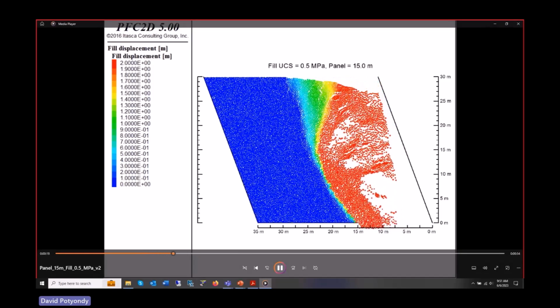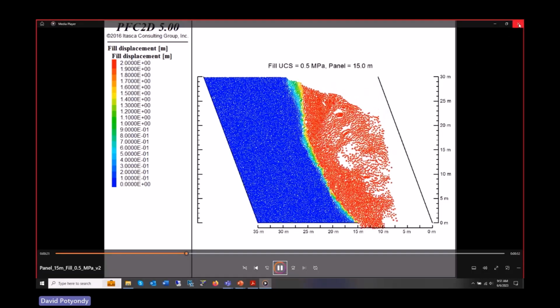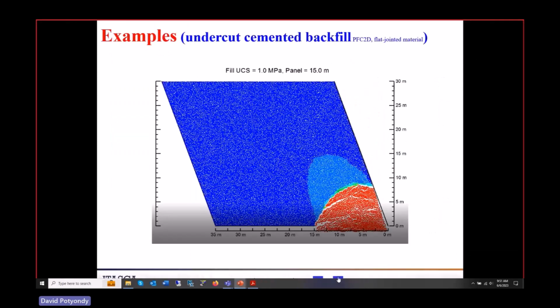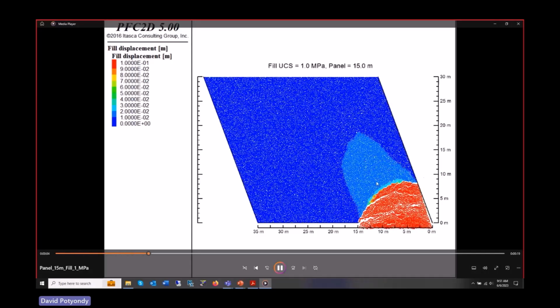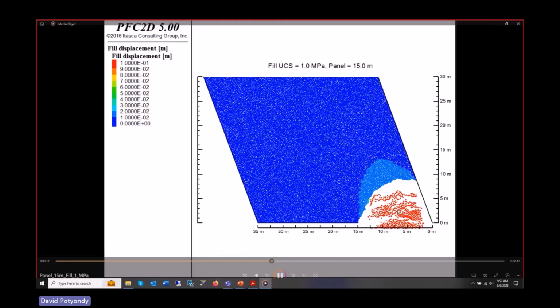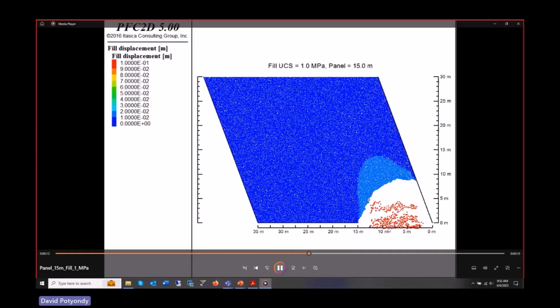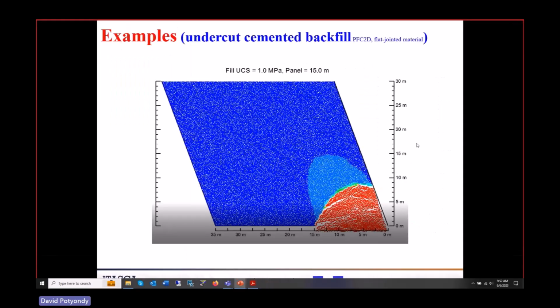The whole thing's going to eventually fail. Now I make the UCS 1 MPa, and you're going to see that it's going to fail, but it's going to stabilize, and you're just going to see this broken material here. And now we stabilize. And the thing I showed you before, of course, was looking at these final shapes with different values of UCS, right? So this is a useful thing. They were looking at cemented backfill. Okay.